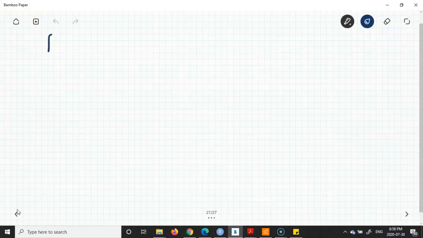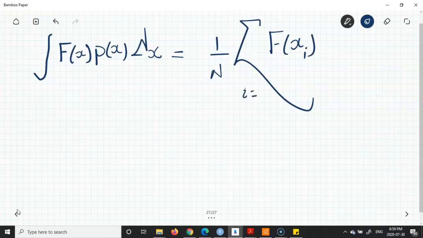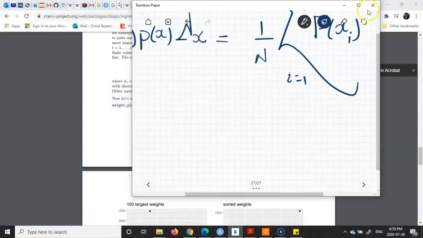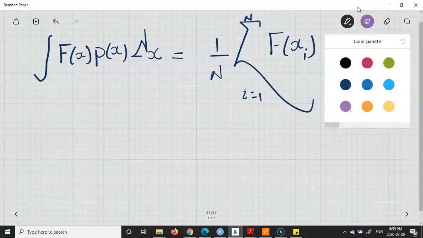We have this estimation: the integral of f(x) p(x) dx, where p(x) is a distribution of x, can be approximated by 1 over n times the average of all the evaluations of f(x_i) coming from this distribution, i from 1 to n.